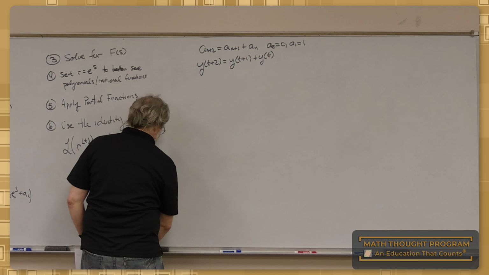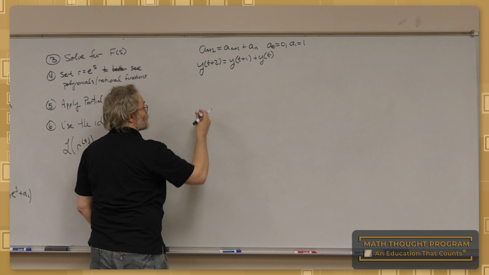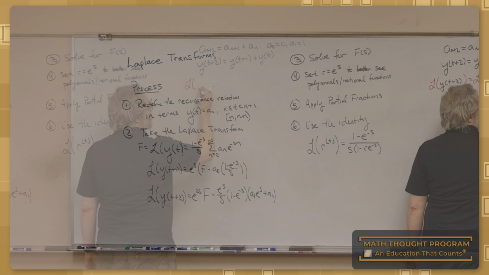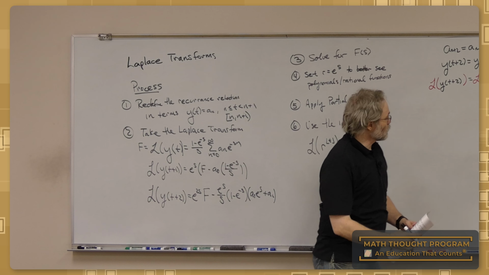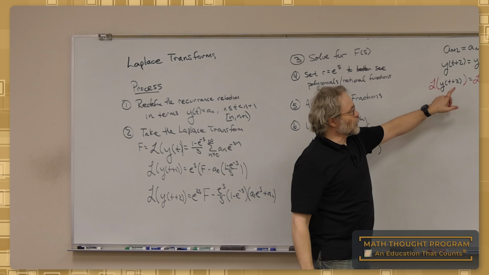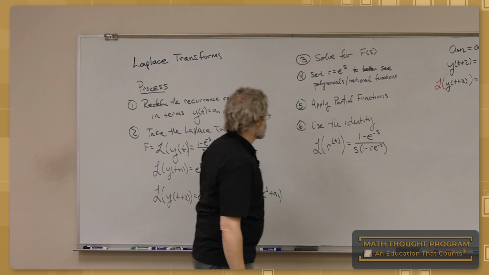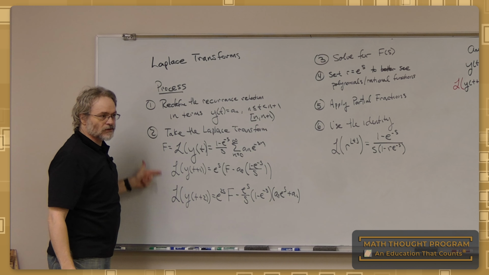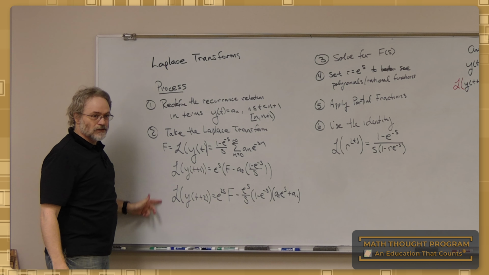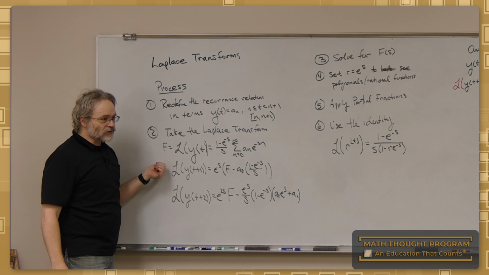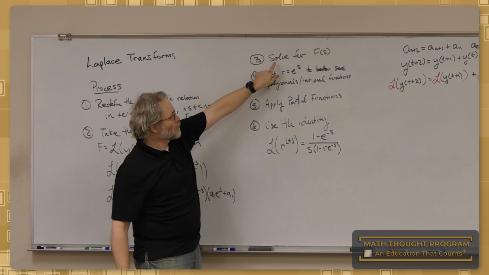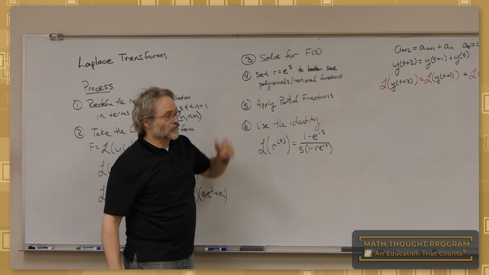Next, take the Laplace transformation. Luckily, we already did the heavy lifting. I know what this is. It's going to be these identities right here. So I'm going to take this identity, drop it in, and take this one, drop it in, as well as this one. And after I do that, solve for F.